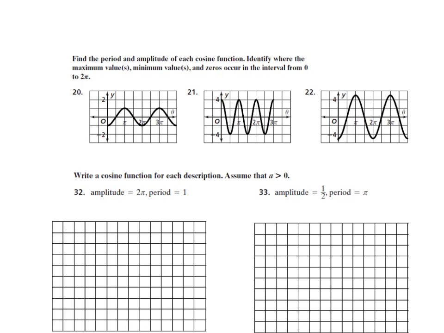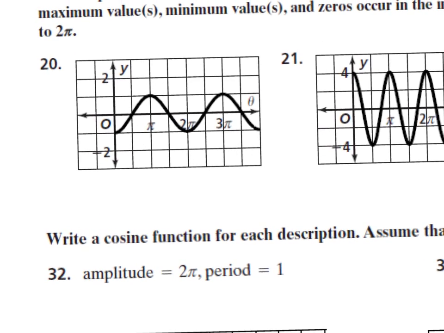Find the period and amplitude of each cosine function and identify where the max, min, and zeros occur from 0 to 2 pi. So the period of this cosine function, this is actually a negative cosine function because it's starting down, is 2 pi. The amplitude is 1.